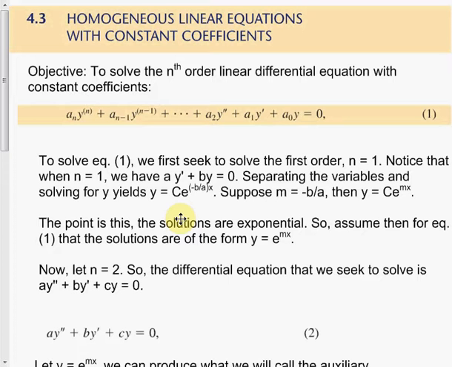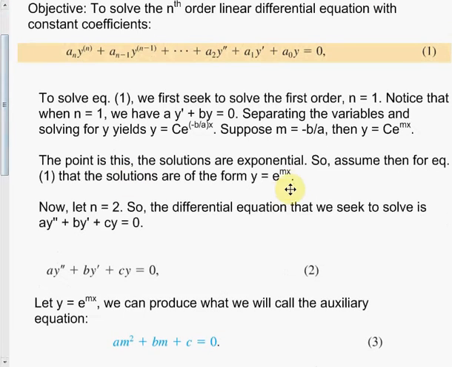Here, this is n equal to 1. What happens when n is equal to 2? What happens when n is equal to 3? The solutions still look like this form right here, y equal to some e to the mx. If that be the case, then we assume that the solution type is y equal to e to the mx. So let n equal to 1 and see how the solution looks, then let n equal to 2.